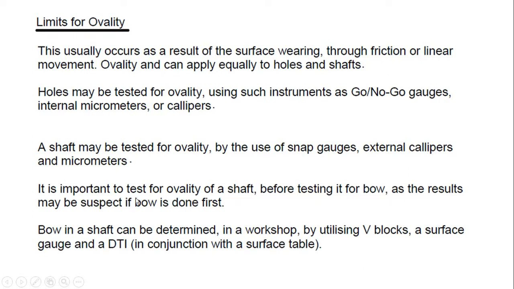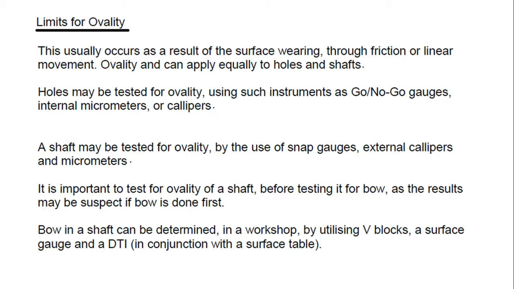It is important to test the shaft for ovality before testing it for bow. So what is bow? It's the bending of the shaft. There is a procedure we have to follow, in which the ovality should be tested first, then the bow.